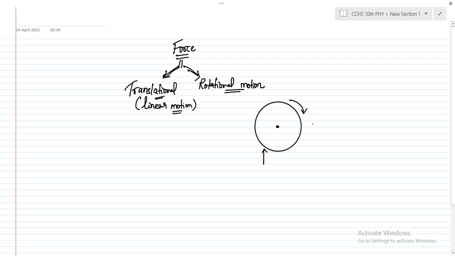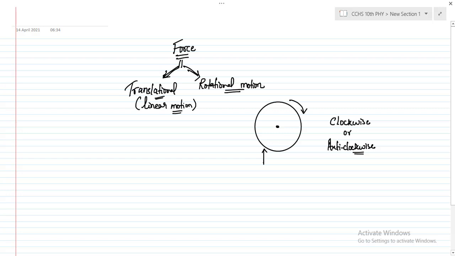The wheel starts rotating in a particular direction, whether it can be clockwise or anti-clockwise. This clockwise or anti-clockwise motion can only be possible when the body is not free, that is, it should be pivoted at a point.